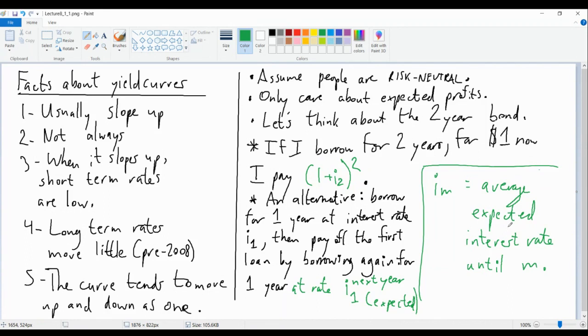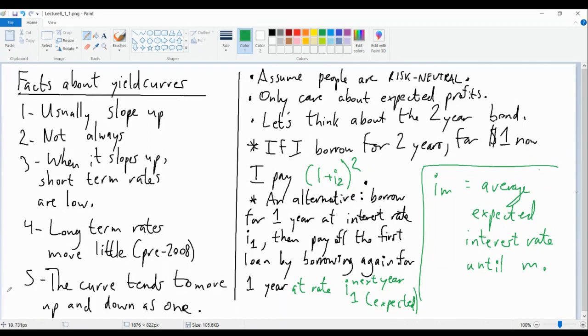The 30-year bond, same thing. It is the average of the 1-year bond, so it includes that. The 1-year interest rates next year, which is also something that comes into play in the 2-year bond. And then the 1-year interest rate that's expected in 2 years. So again, the 3-year bond includes in its interest rate determination the same factors that come into play, or at least some of them, in the 2-year bond and in the 1-year bond.